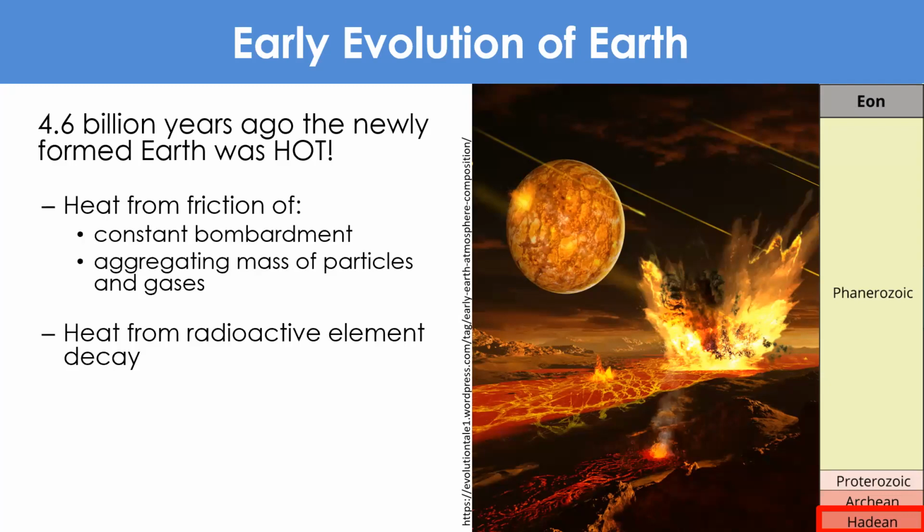You had a lot of cosmic bombardment. So Earth was just covered in these impact craters. Also, you have a lot of heat generated from radioactive decay. As atoms age, they break down into daughter atoms, and that breakdown produces heat and energy.